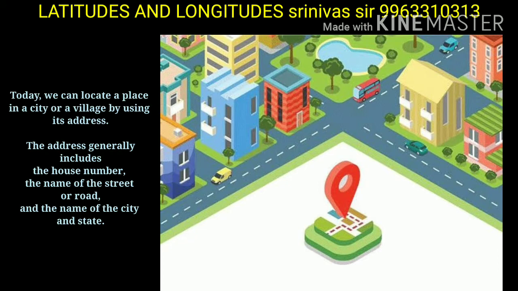Today, we can locate a place in a city or a village by using its address. The address generally includes the house number, the name of the street or road, and the name of the city and state.